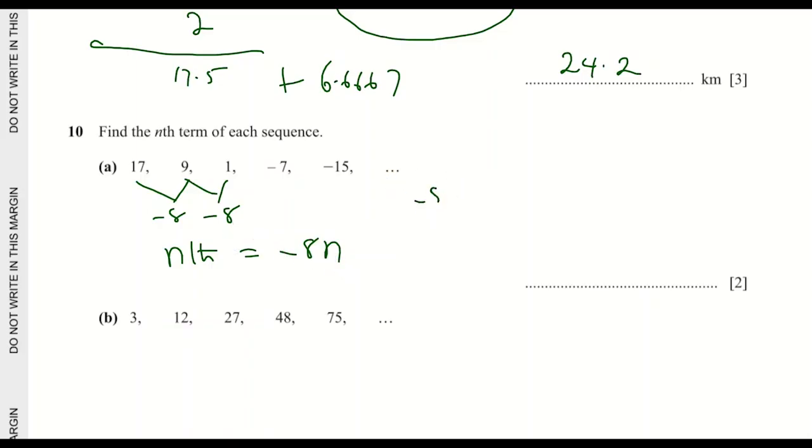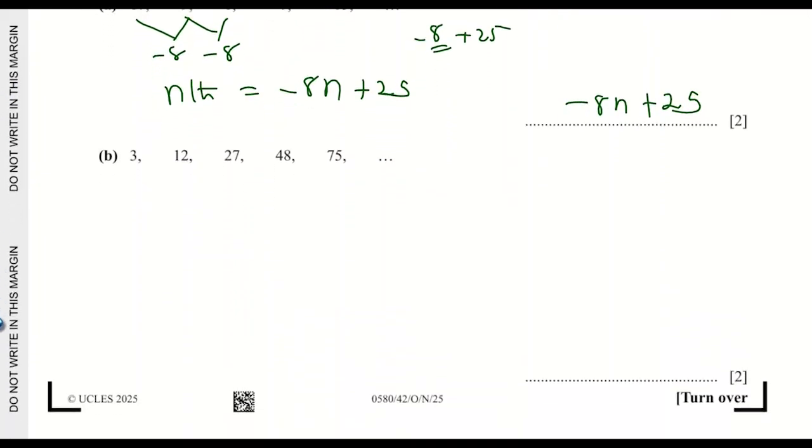But minus 8 is not the first term here. So what do we need to add to minus 8 to give us 17? So obviously that will be plus 25. So that means the nth term is minus 8n plus 25.